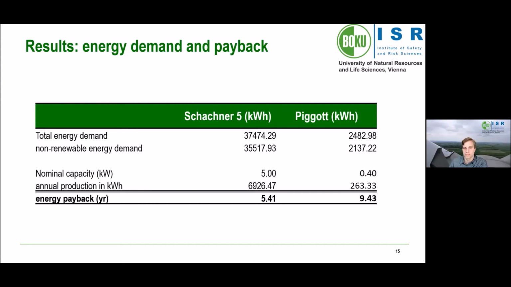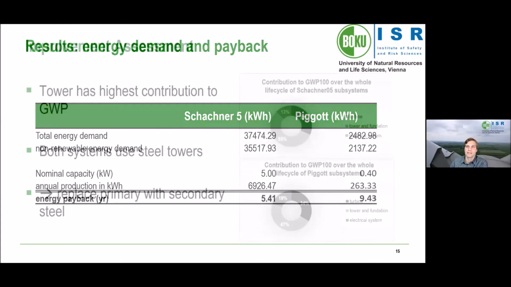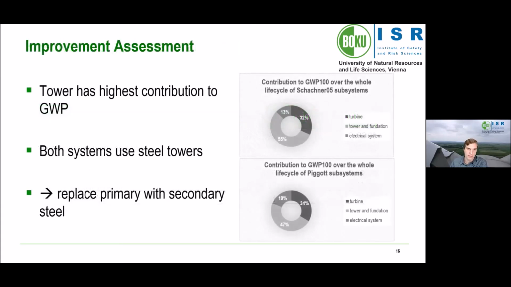Now if we look at our improvement assessment, we see that, as I mentioned, the tower has the highest contribution to the global warming potential and also to the energy demand. In both cases, we have steel towers.